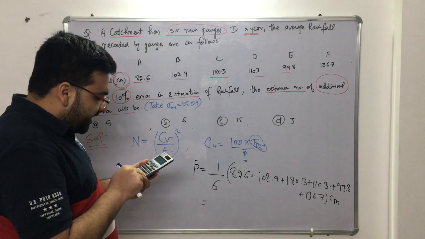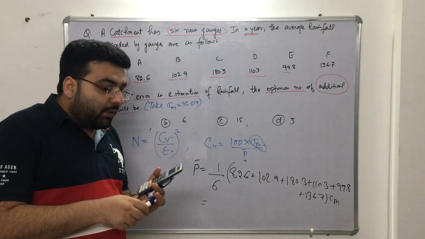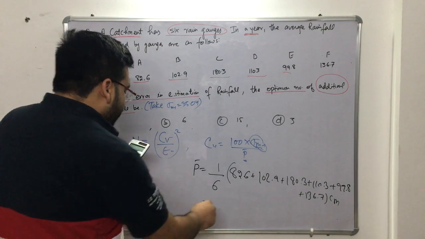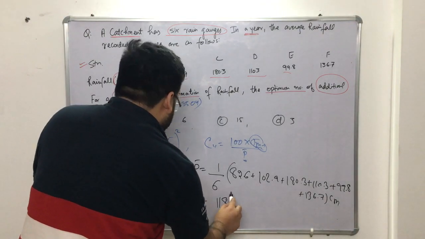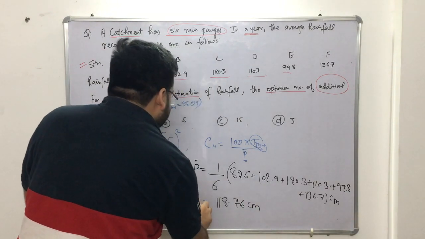It comes out to be this much, and divided by 6, it comes out to be 118.76. I hope everybody is getting the same answer. It comes out to be 118.76 centimeter. This is your p bar.